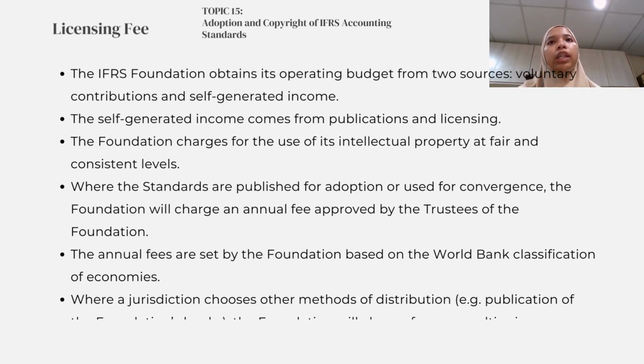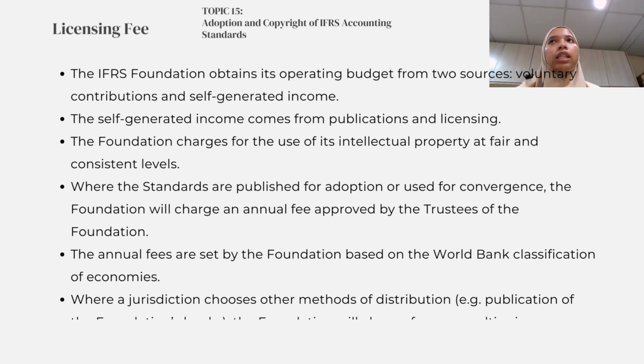So the foundation charges for the use of intellectual property at a fair and consistent level, where the standards are published for adoption and convergence in any country. The foundation will charge an annual fee, which is the licensing fee, approved by the trustees of the foundation. This annual licensing fee is set by the foundation based on the World Bank classification of economies. Secondly, there is the publication, right?